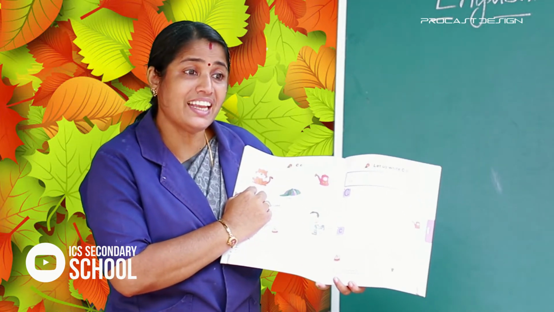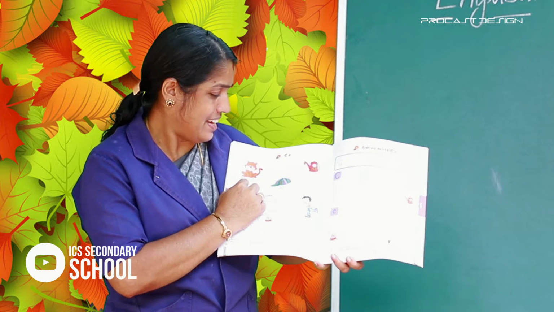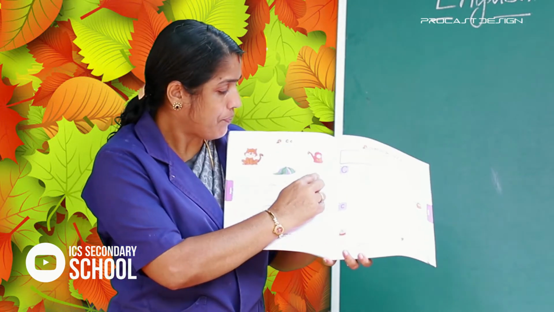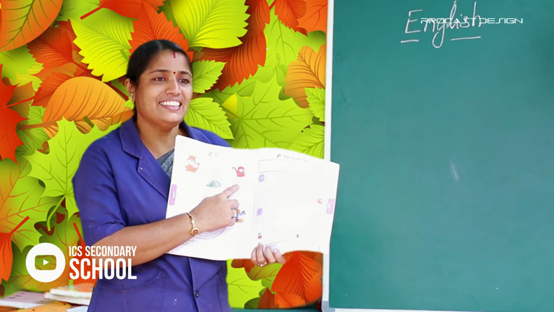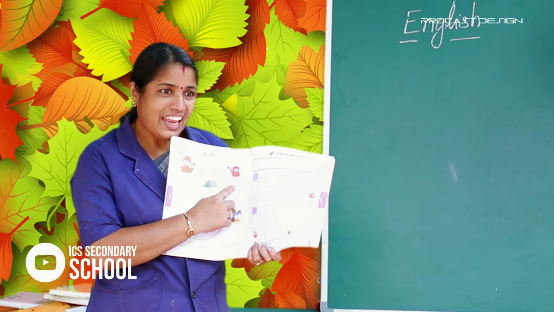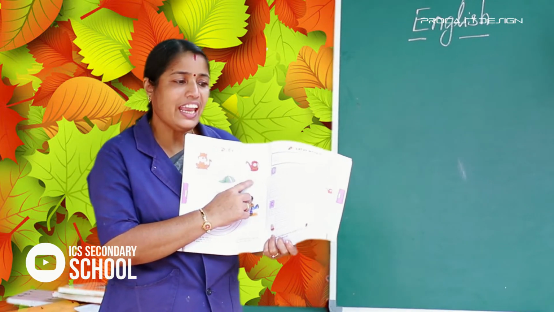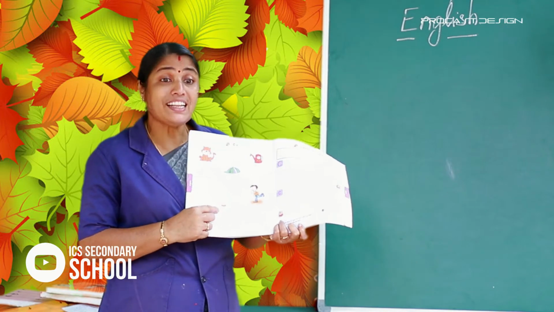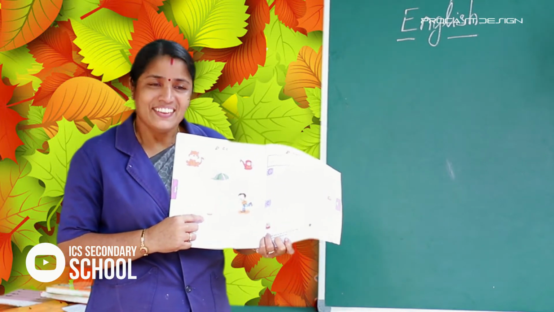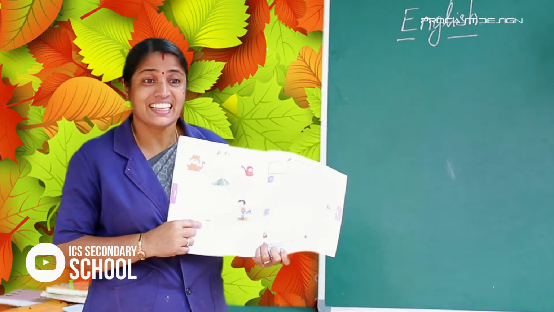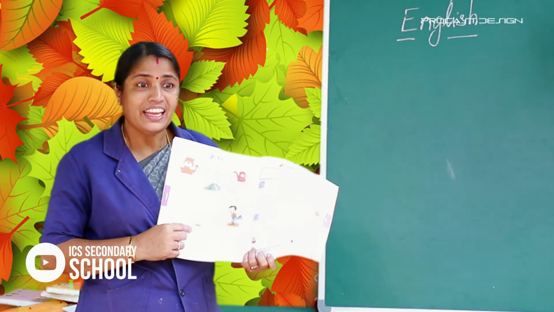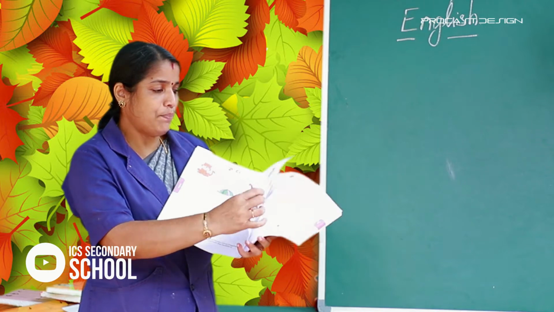Cat. Cap. Can. Very good. Next. Which picture is this? Yes. Cake. C for cake. Very good.